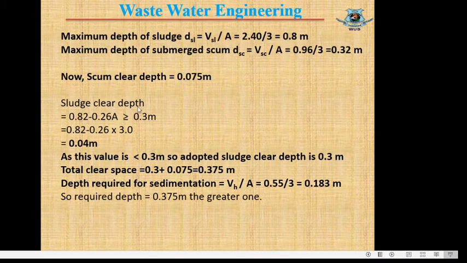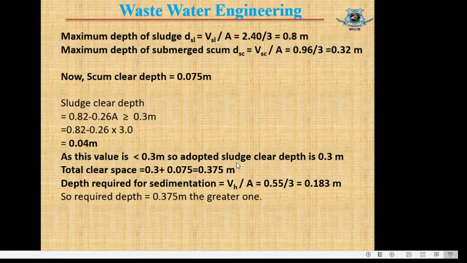Now sludge clear depth. There is a formula to calculate the sludge clear depth, and this is 0.82 into 0.26 A. This A is area, and this sludge clear depth will be greater than or equal to 0.3 meter. Here area A is 3 meter square, and substituting A as 3, the sludge clear depth stands at 0.004 meter. As this value is smaller than 0.3, we have to take the larger one, which is 0.3.